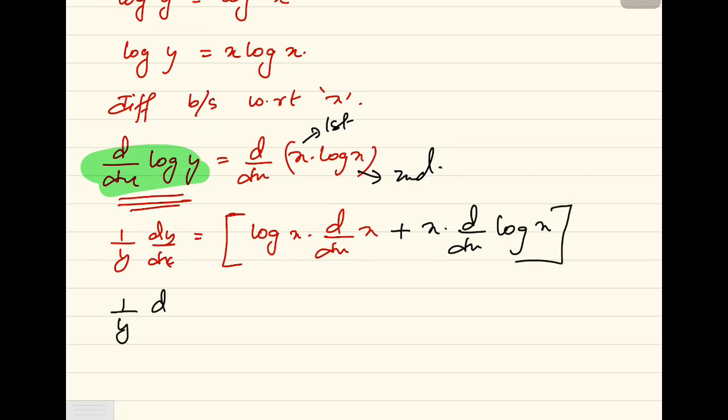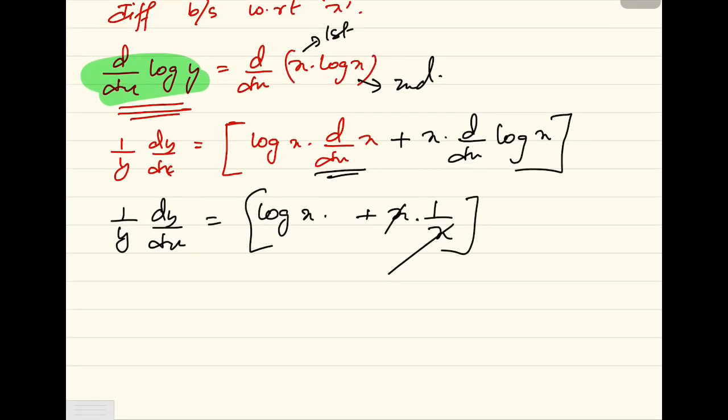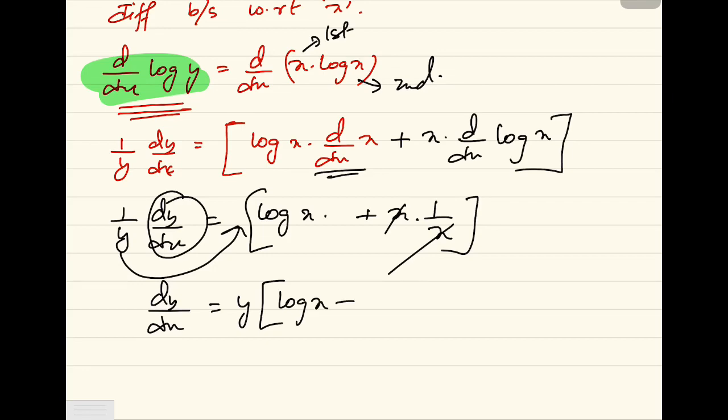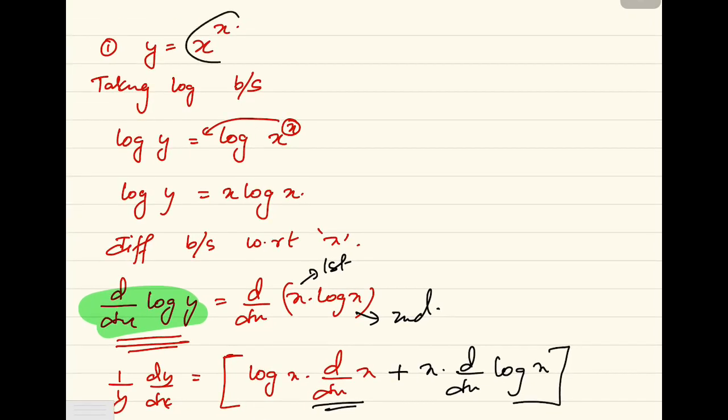Did you understand this? This is called the product rule. So finally 1 by y dy by dx equals log x, and what is d/dx of x? 1, no need to write, plus x, what is d/dx of log x? 1 by x. So x and x get cancelled. So finally I need to find this dy by dx. So dy by dx will be, y moves here, y (log x plus 1), and finally what is y in terms of x? y was x to the power of x, isn't it, everyone here?